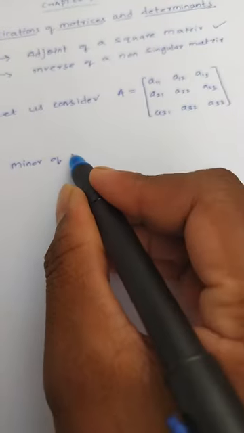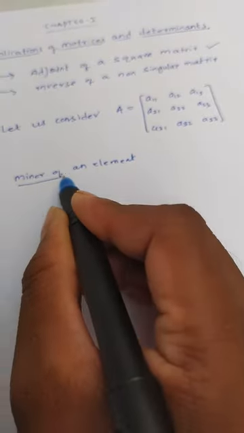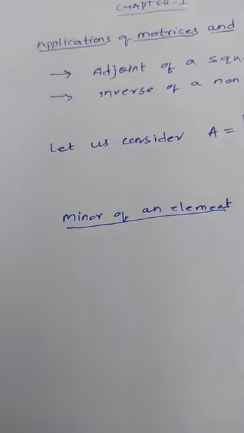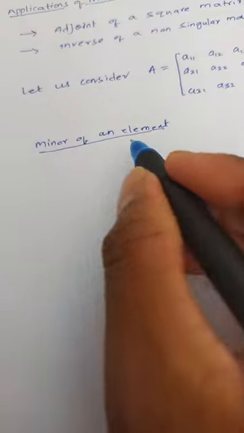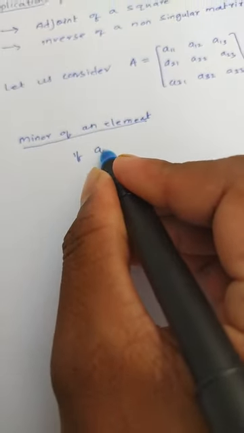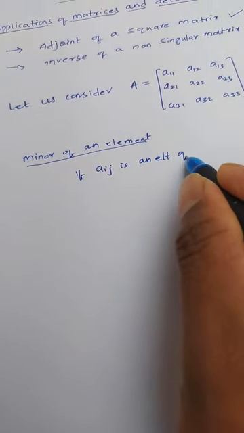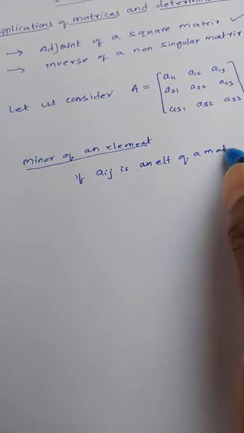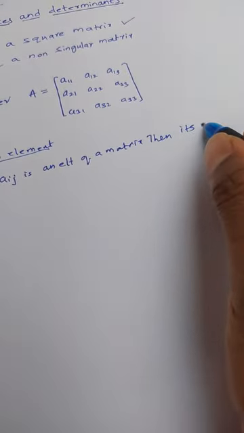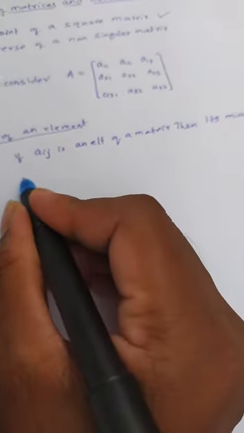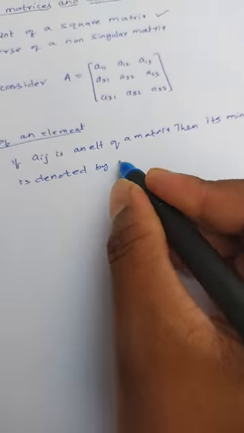Now let me find the minor of an element. In this matrix every element will have a minor. So how to find the minor of an element? If Aij is an element of a matrix, then its minor is denoted by capital Mij.